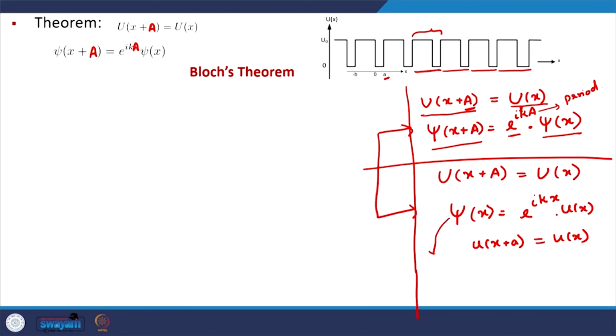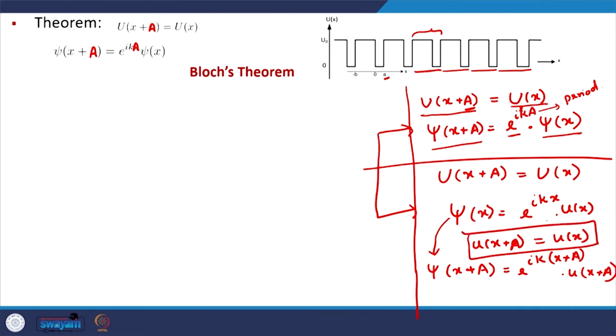So, in this expression, if we take ψ(x+a), it will basically be exponential i k (x+a) times u(x+a). And as we know, u(x+a) is essentially u(x), because u(x) by definition is a periodic function.